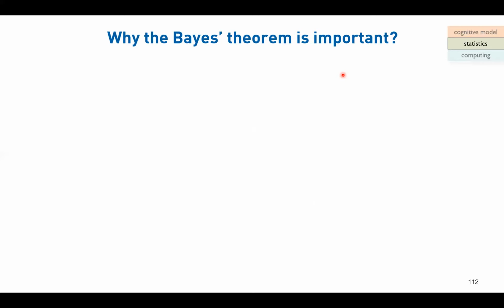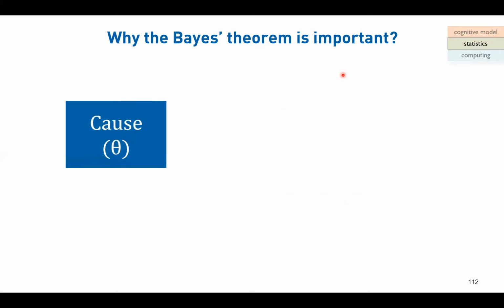So the next question is, why is the Bayesian formula or Bayesian theorem important? For example, if I do have a coin here, we know the probability of heads facing up.